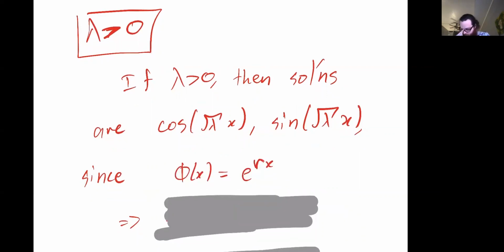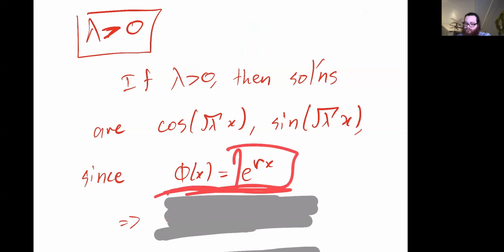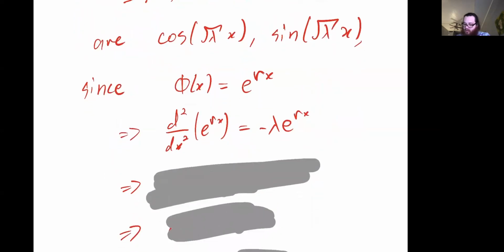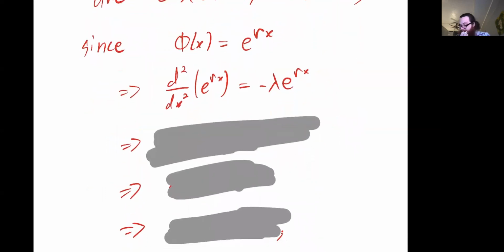So all right, for our ODE, d squared dx squared of phi is minus lambda phi. Assume phi takes this form as a solution, plug it in to our ODE, we get that.